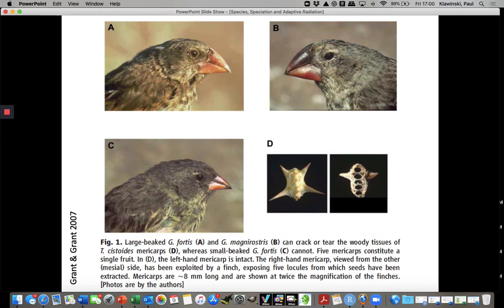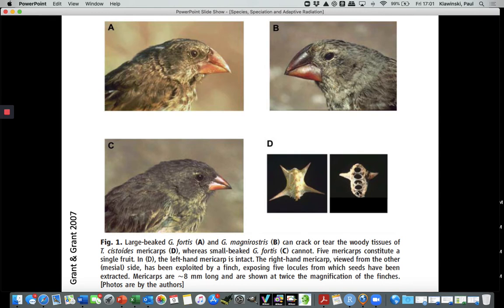So when we talk about Darwin's finches, the Galapagos finches, it's a species complex that is the result of an adaptive radiation. And one of the primary ways in which you tell these birds apart is by their beak morphology. And the beak morphology is important because they're cracking these seeds open to get the ovules inside.